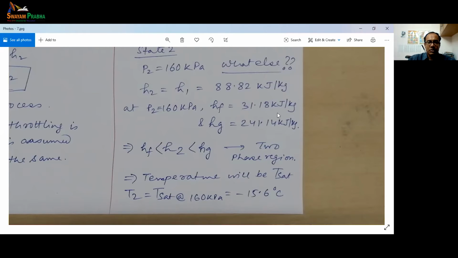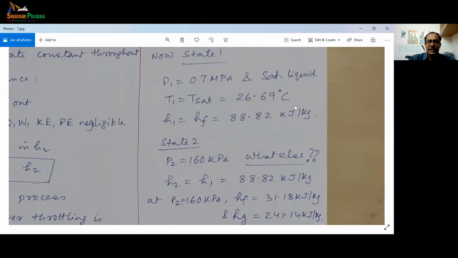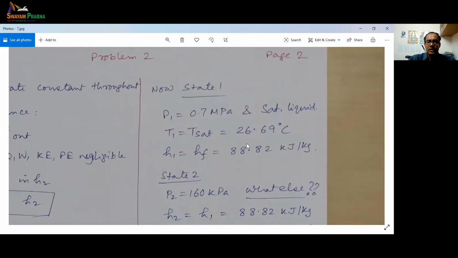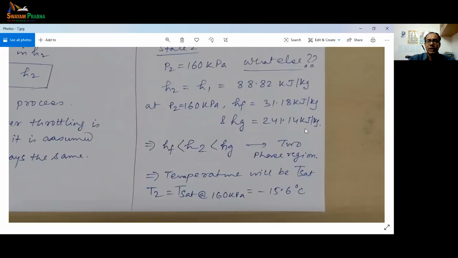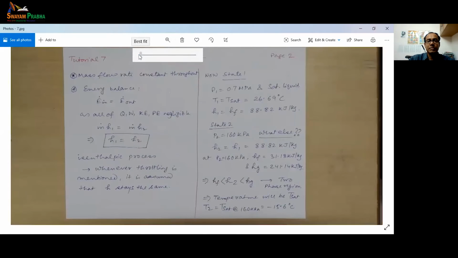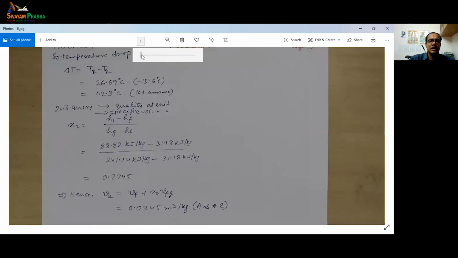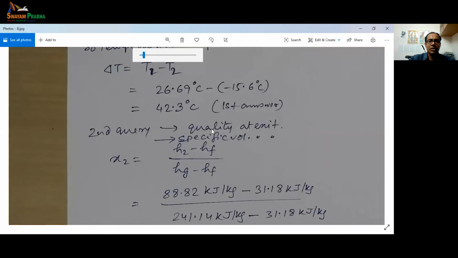So that is the temperature at inlet we have found, 26.69, and at outlet we have also found that it's negative. So the temperature dropped. It went to negative 15.6 degrees centigrade. What we need to find is the temperature drop.